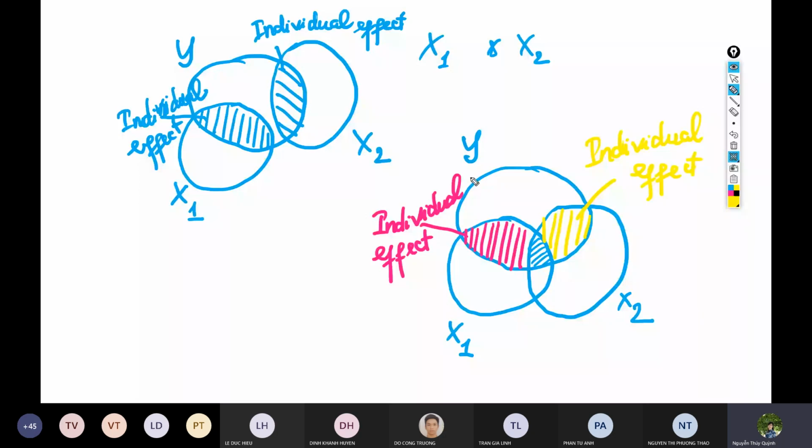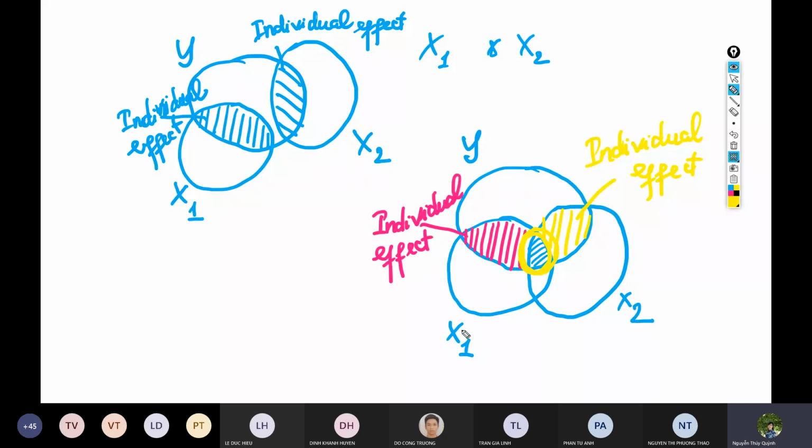So now we are testing the individual effect of each independent variable on the dependent variable. We are not talking about this overlap information here. We just talk about the individual effect of one independent variable on the dependent variable.